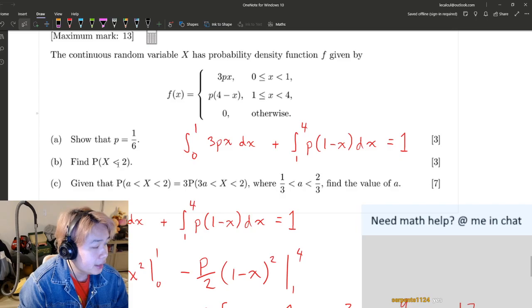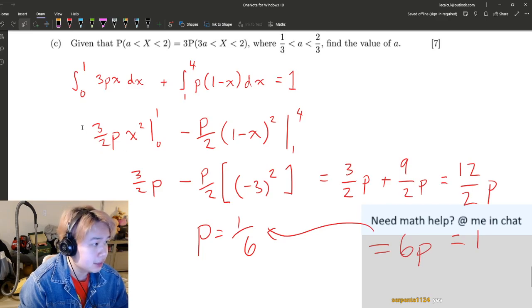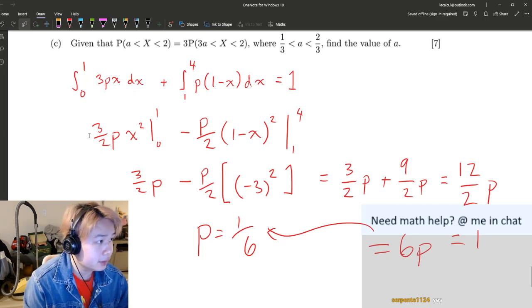Okay. And then, now that we know p, we can find the probability of x being less than 2, because now we can just take these integrals. Okay, so this is a calculator one, right?